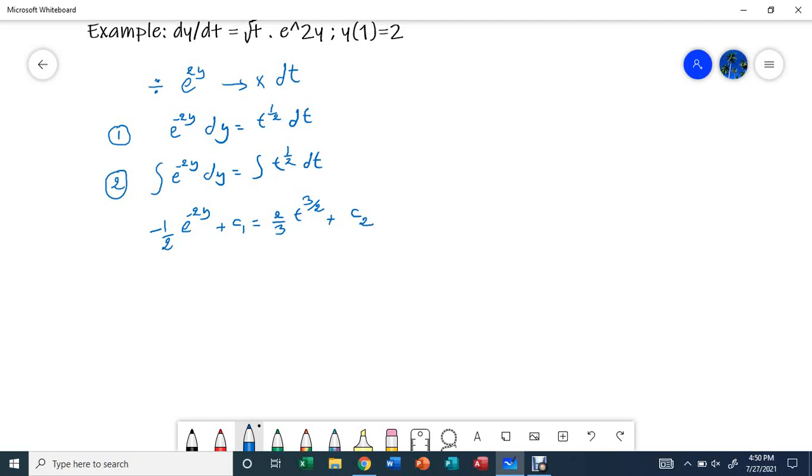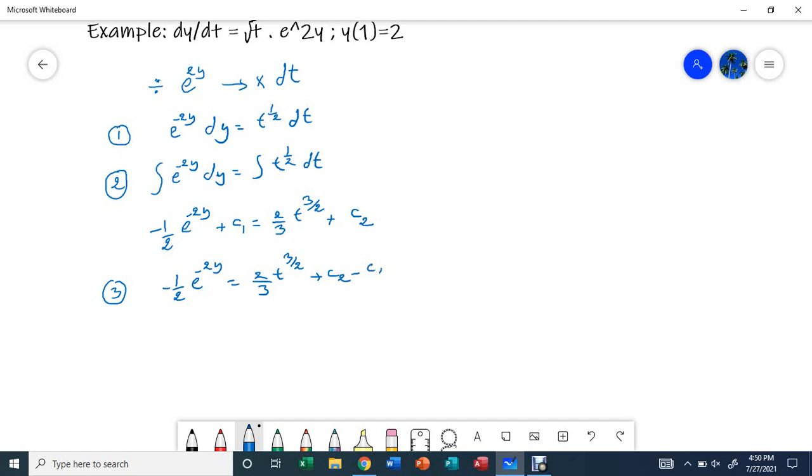And now let's solve for y. That's step number 3. So I'm gonna just move the constant c1 to the other side. So negative 1/2 e to negative 2y equals 2/3 t to 3/2 plus c2 minus c1.